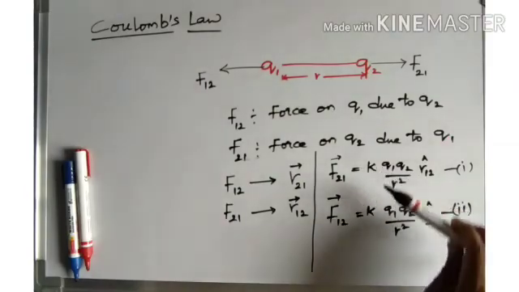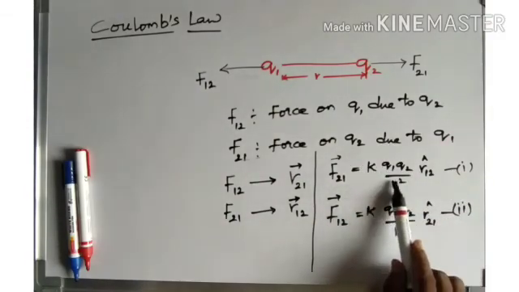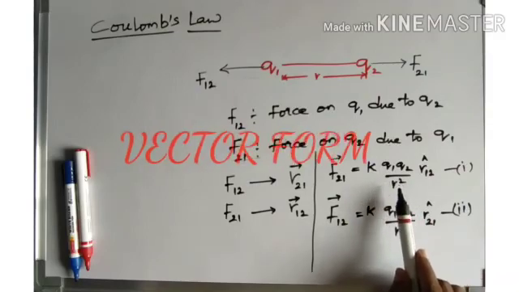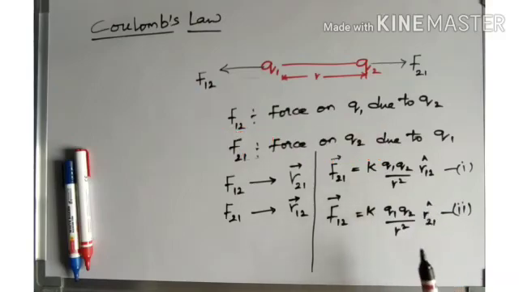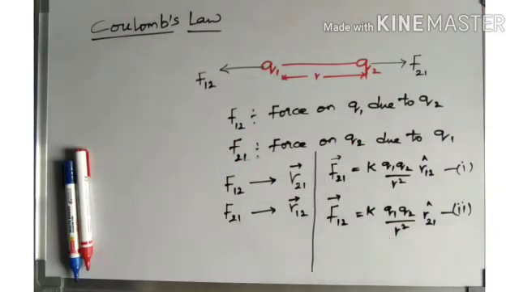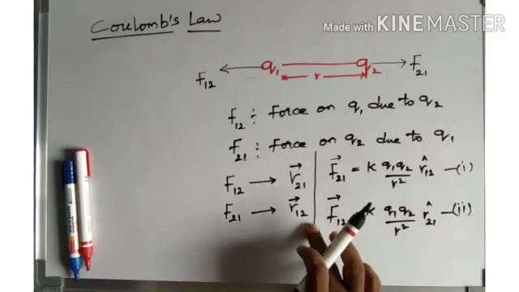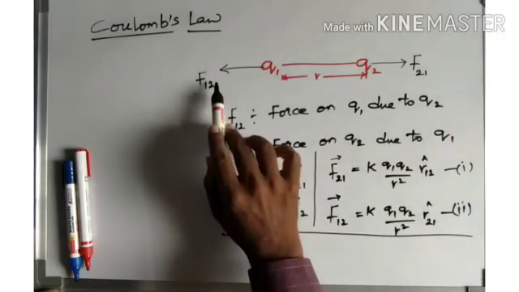If you compare these two expressions with the previous one, F is equal to K Q1 Q2 by R square, in that previous expression we are not given any direction, so we are not getting any information regarding direction. Whereas here, we are getting that information.